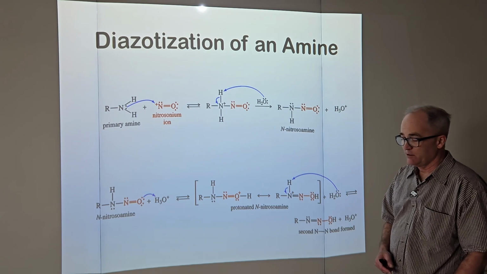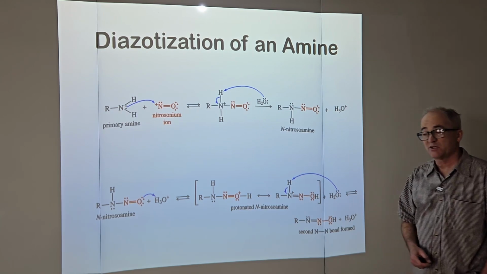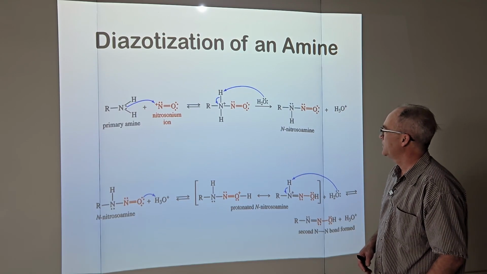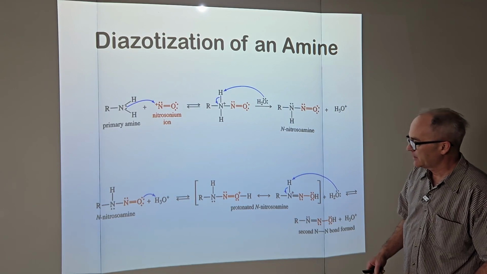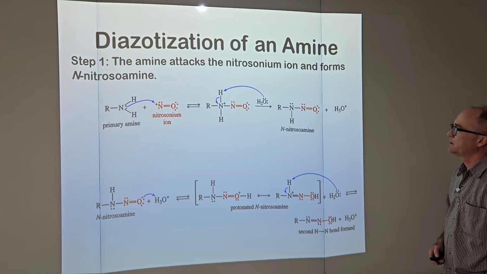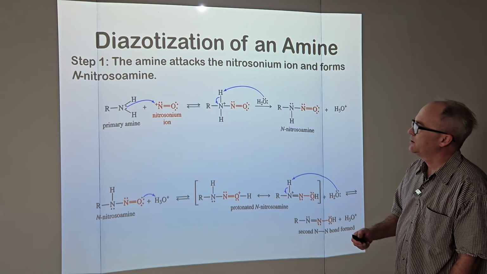So one reason why you don't want to eat a lot of lunch meat is sodium nitrite is put in meat, and you get nitrosamines, which react with DNA, carcinogen. The amine attacks the nitrosonium ion and turns into an N-nitrosamine.